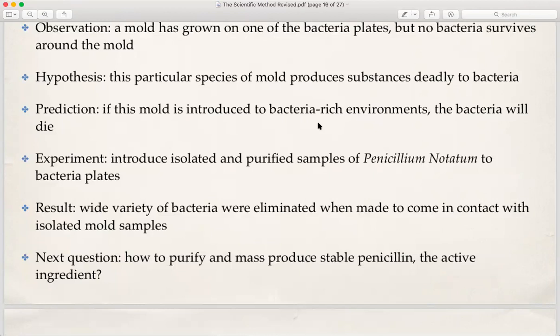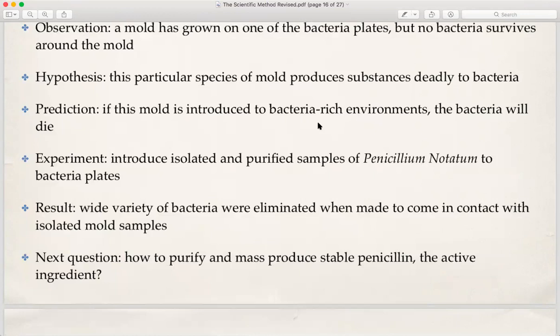And it was when a pair of British scientists tried to actually mass produce it that it became as widely known as it is. Of course, we still credit Fleming for the actual discovery of this, but I want this to highlight the fact that support roles are also important, vital in research.